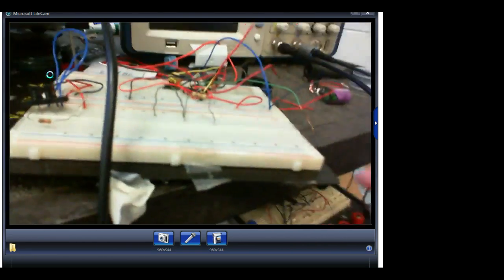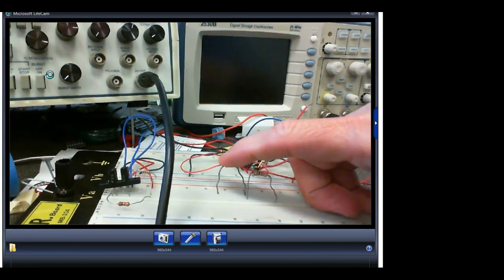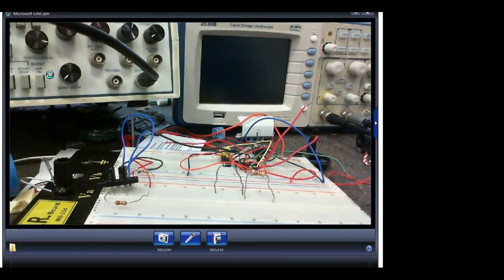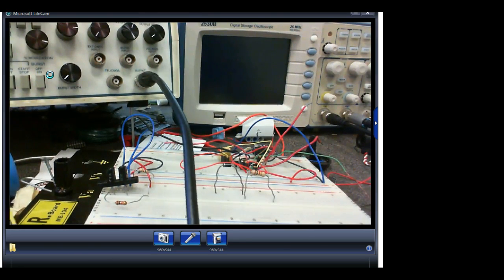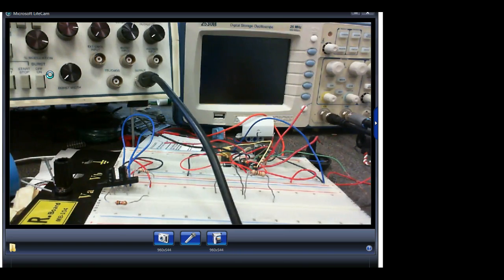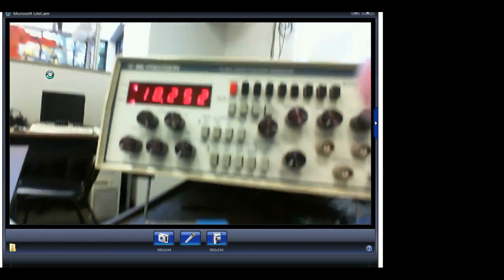Okay, so here's our circuit. Brown, black, red resistor. I'm not going to use my DC power source right here. I'm going to use the function generator, which is pretty easy.